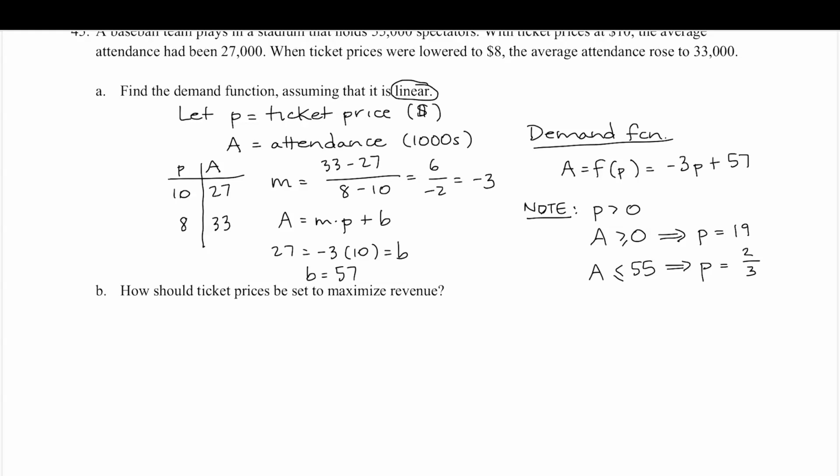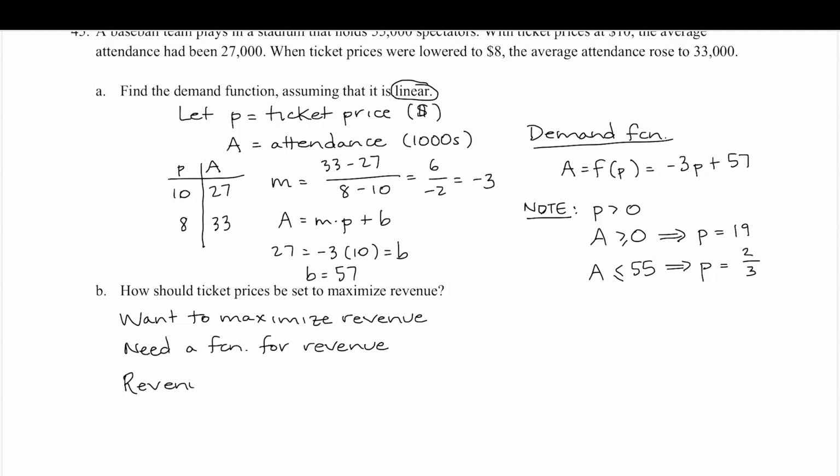So part B is, how should we set ticket prices to maximize revenue? So again, important to recognize what quantity it is you're maximizing or minimizing. I want to maximize revenue, so that means I need a function for revenue. Whatever quantity I want to maximize or minimize, I have to come up with a function for that quantity.